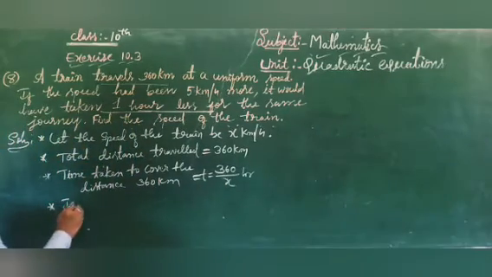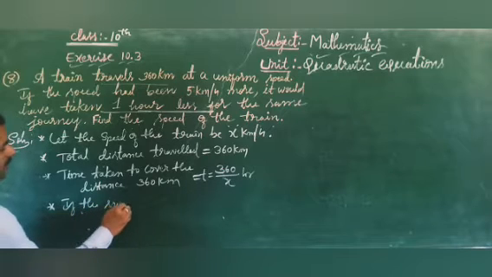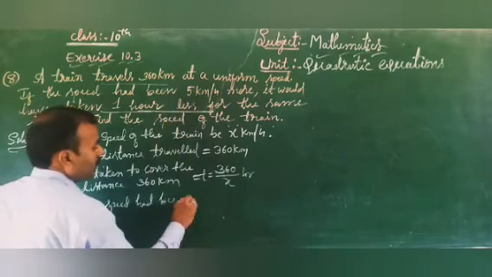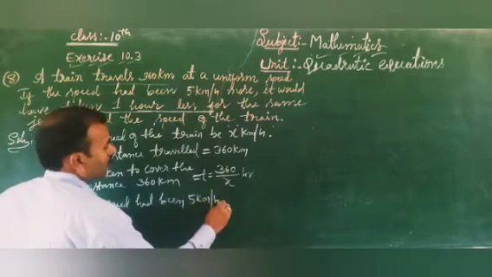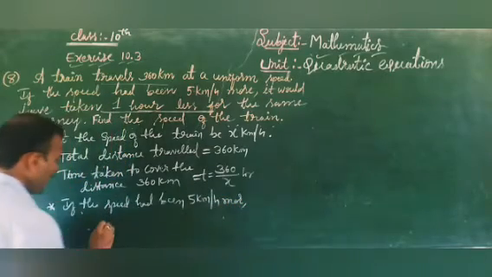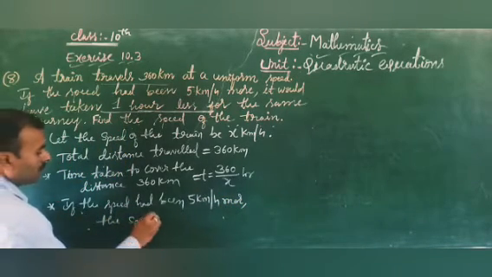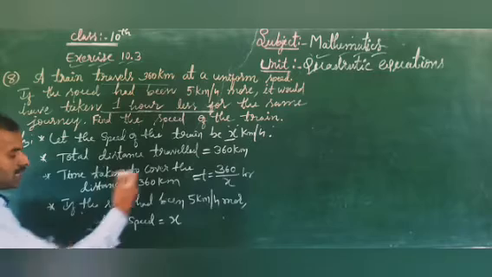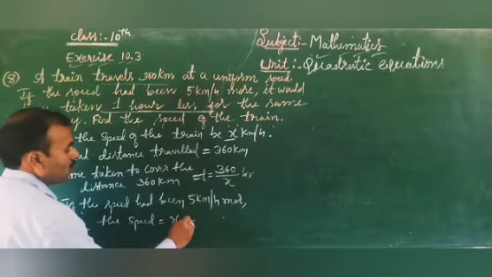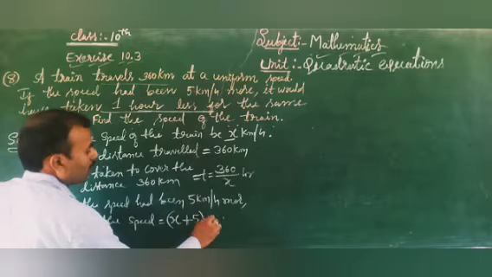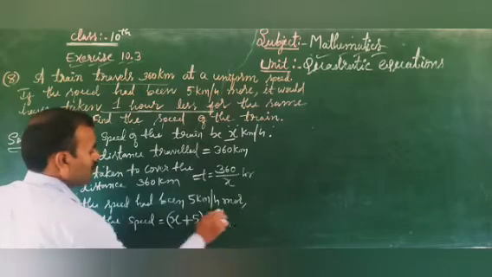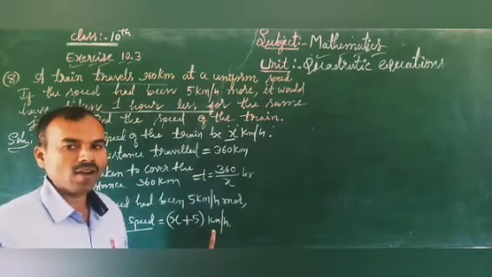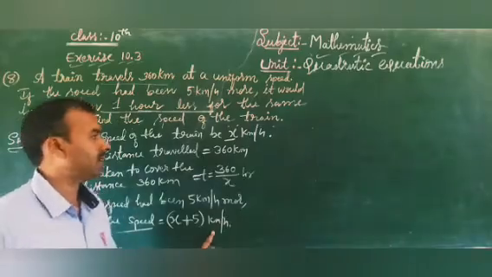Next, the speed had been 5 km per hour more than the initial speed x. If the speed is increased by 5 km, total speed equals x plus 5 km per hour. This is the speed. Unit of speed is kilometer per hour or meter per second.